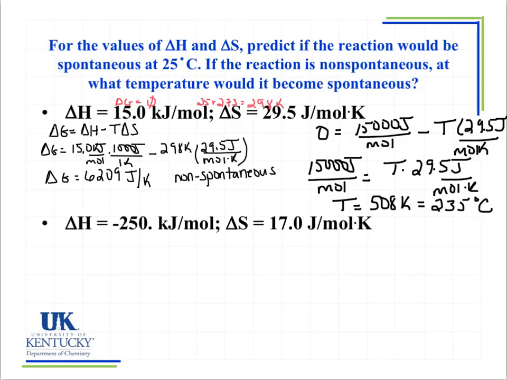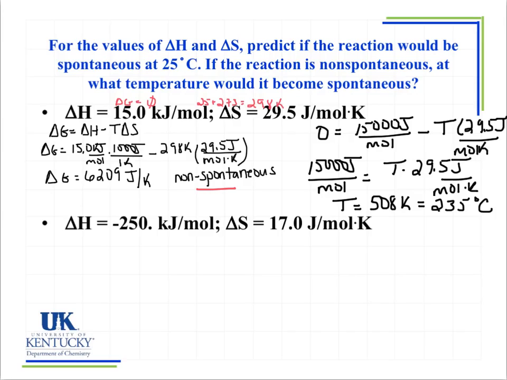So at temperatures greater than 235 degrees Celsius, I will have a spontaneous process. Note that at 25 degrees, we were a non-spontaneous process. As we go up to 235, we get a delta G greater than 0. If I continue on past 235, I'm going to see that my delta G value will now become negative.